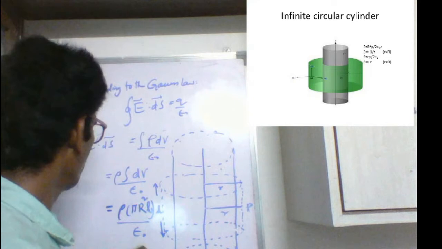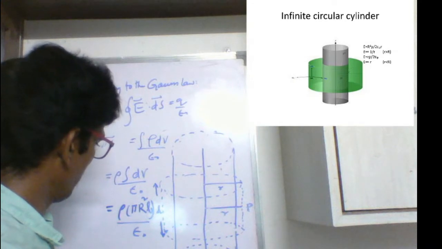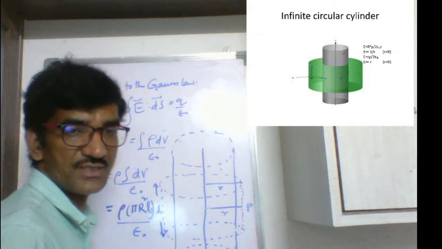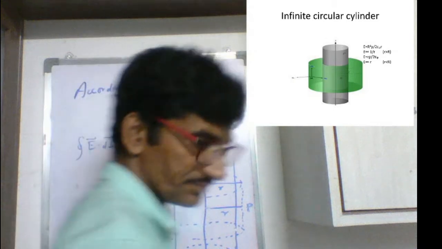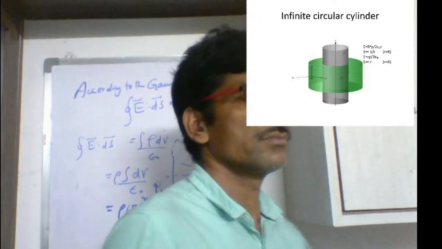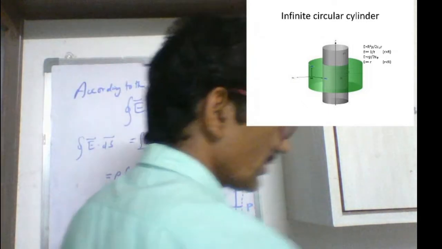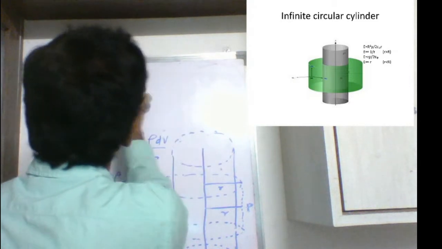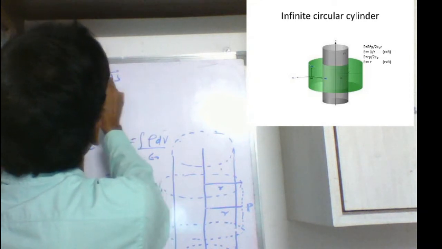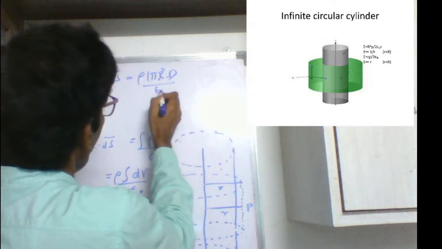So now we have this is equal to integral E dot ds, and I will write here: integral E dot ds is equal to rho pi r square L by epsilon naught.